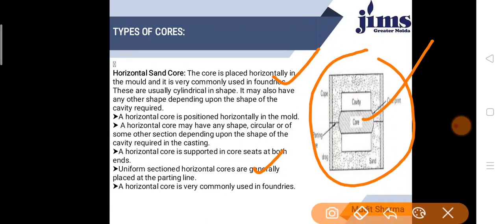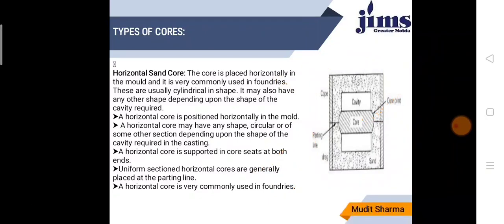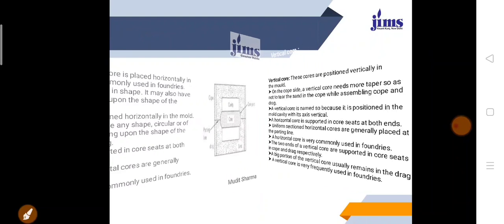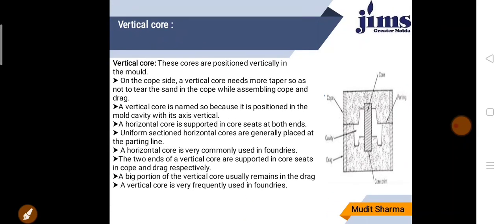A horizontal core is very commonly used in foundry. Okay, so I hope you understand what is the horizontal core. Now, next one is vertical core. What is vertical core? The core is placed vertically in the mold, usually with the top and bottom of the core provided with a taper.